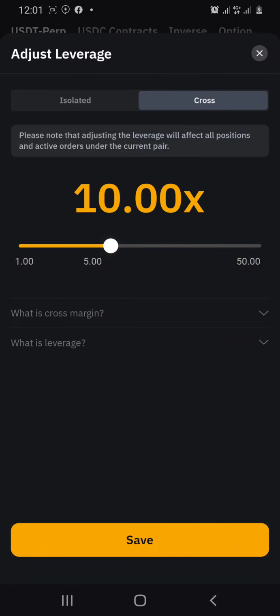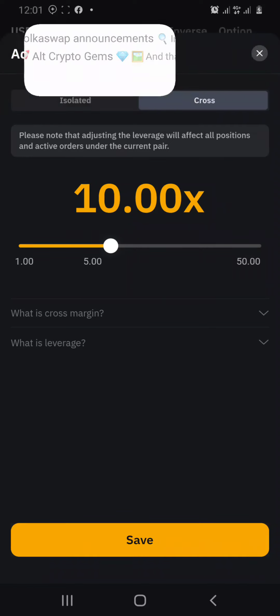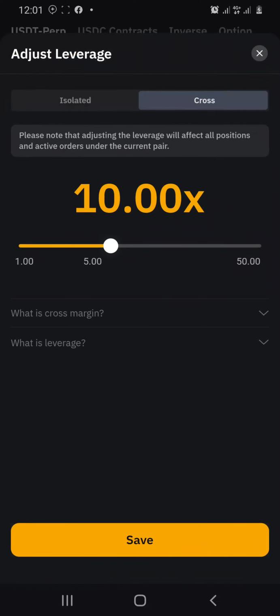When you trade with cross and there is a liquidation, all your money is gone. So I don't advise anybody to trade with cross. I isolate my trades, set my stop loss, then I reduce my leverage.